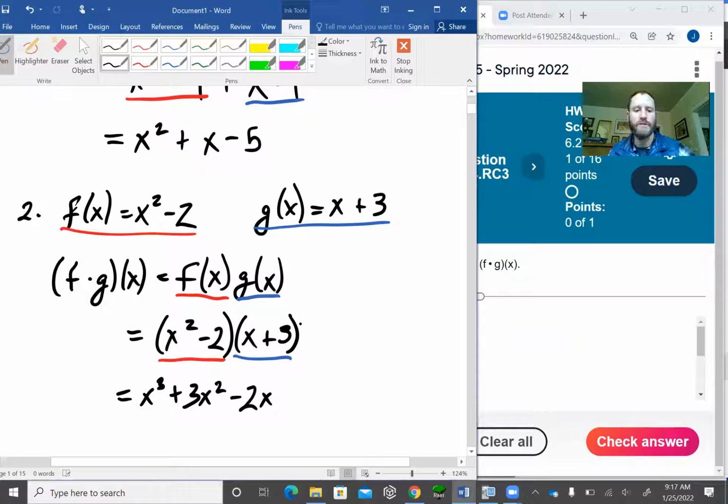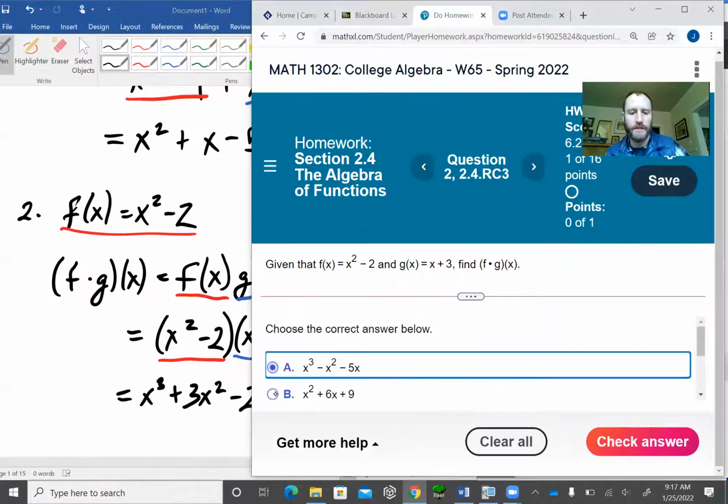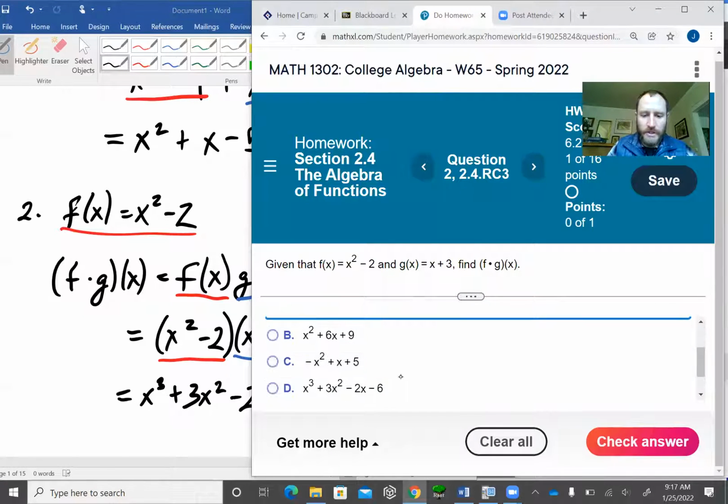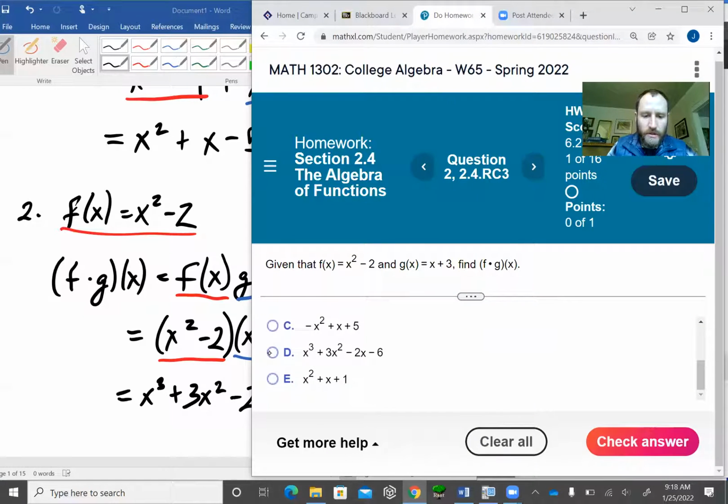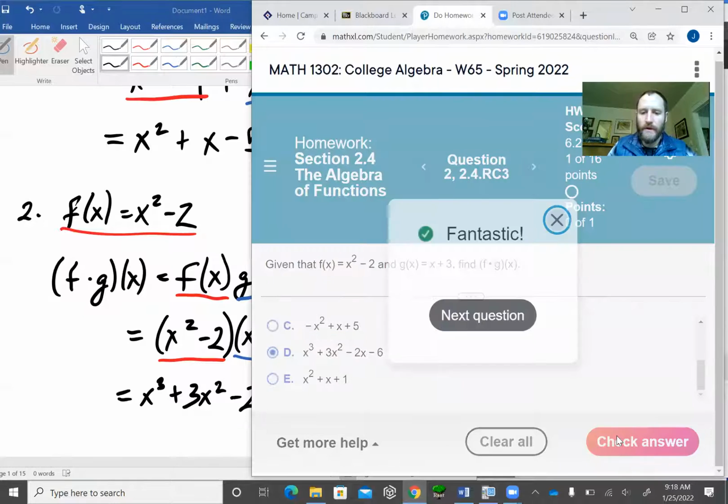And then last, minus 2 times 3, minus 6. And it looks like in this case, that's it. I don't think there are any like terms there for me to collect. So I've got a cubic, a quadratic, a linear, and a constant term. Can't collect any of those. So let me find my answer. It should have 4 terms, and that's it, D.